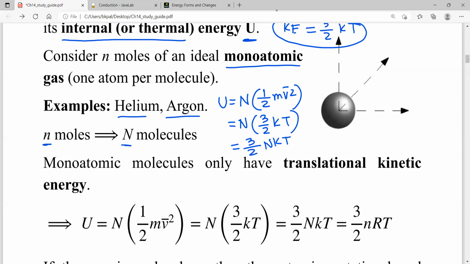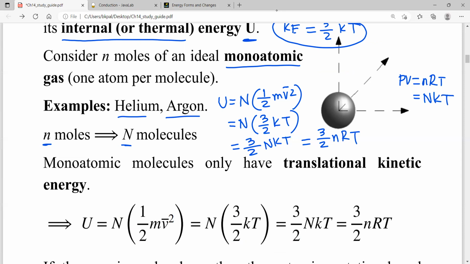And this you can also write as nRT, because earlier, remember that PV was equal to nRT, or it is equal to NkT. So by using that, you can either write that U equals 3/2 NkT or 3/2 nRT.